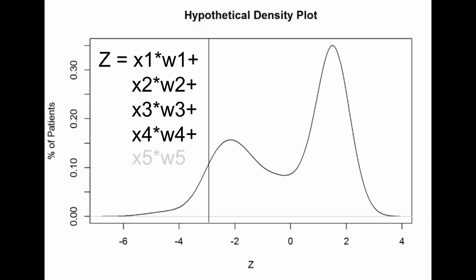Let's say that missing data observation, when multiplied by the principal component weight, would add -0.6 to their score. Because of that, the vertical red line represents the observed principal component score, coming in a little bit closer to 0 than it should, only at -2.4. This is the problem I'm talking about.